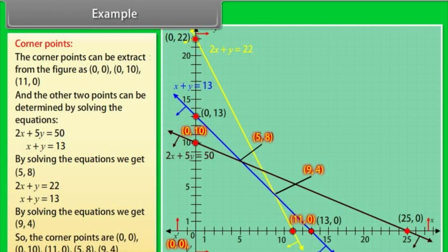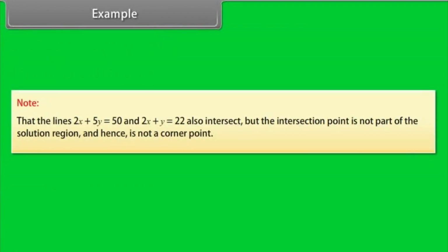So, the corner points are 0, 0, 0, 10, 11, 0, 5, 8, 9, 4. Note that the lines 2x plus 5y is equal to 50 and 2x plus y is equal to 22 also intersect, but the intersection point is not part of the solution region and hence is not a corner point.